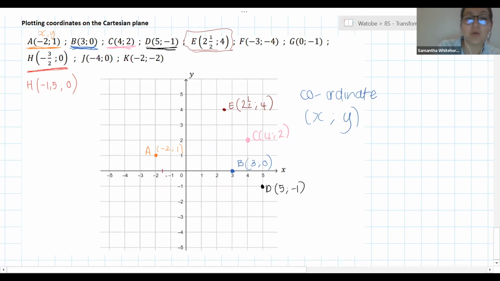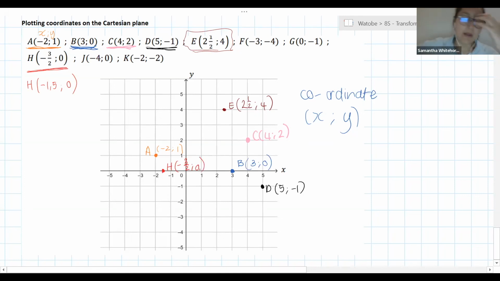Yes. Okay, awesome. So now what do I do with the 0? You put it in the middle on the origin. Good. Okay, so guys, because the y is at 0, it's not going up or down. So I stay exactly where I am. And so this is the point H at -3/2, 0.